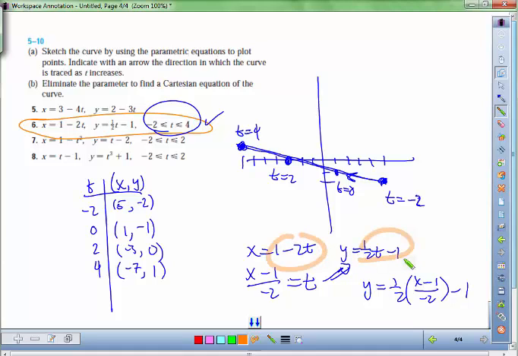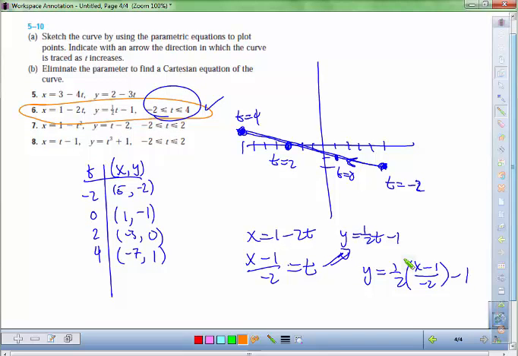So do you only choose one, because you said that parametric equations have to be functions? Do you just choose a positive or a negative, or how does that work? Well, you could choose a positive or negative depending on how the graph looks. Okay. And you can make your decision that way.